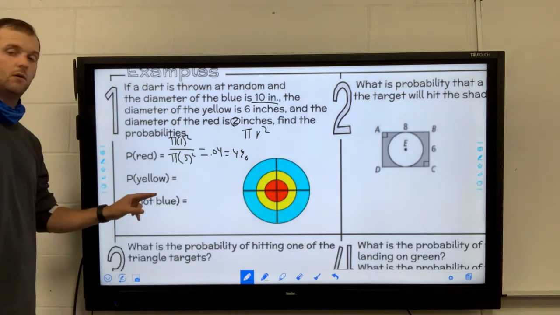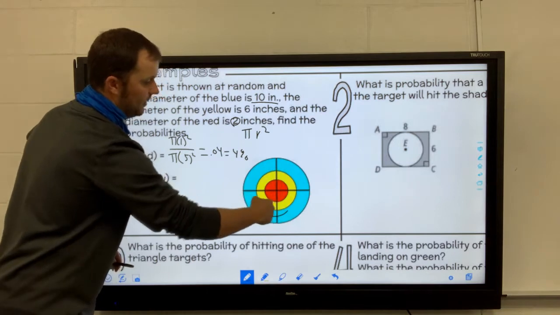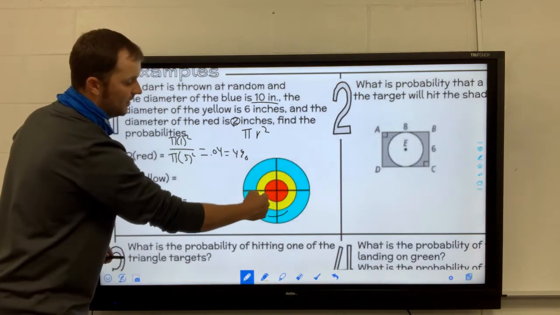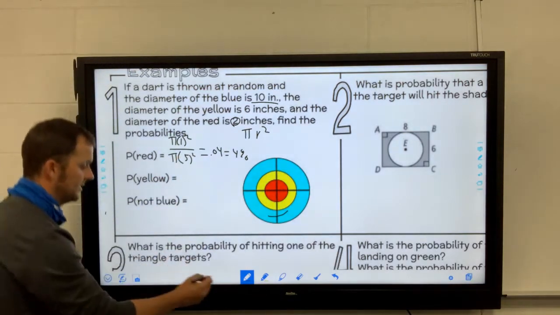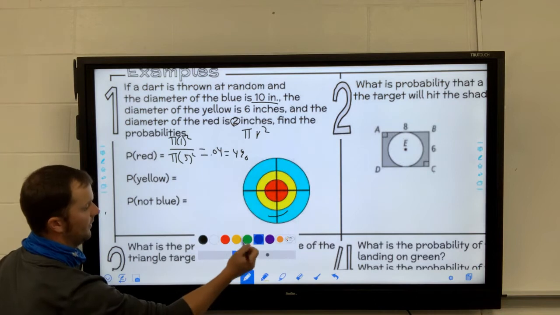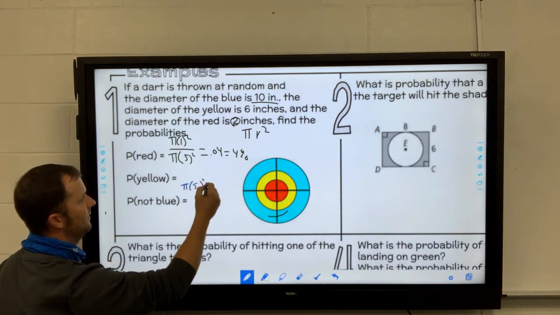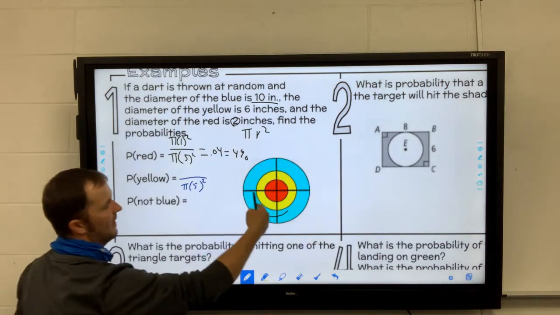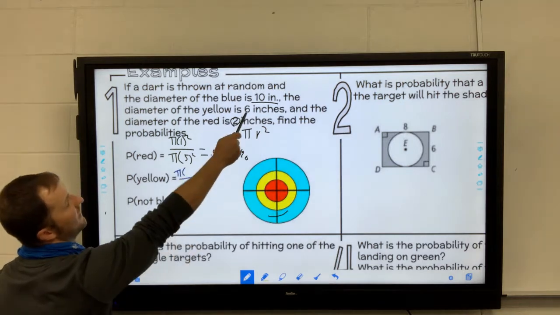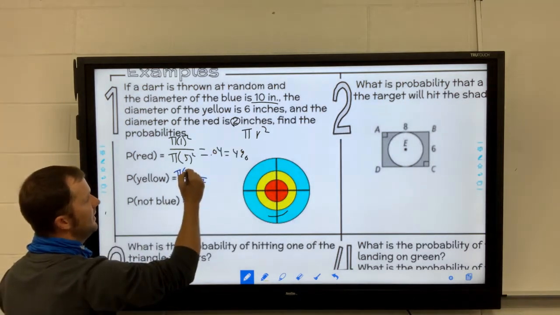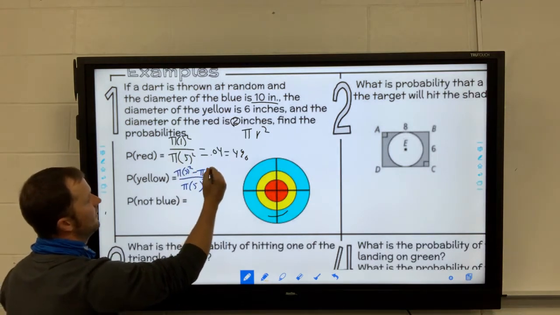Let's do the yellow. The yellow is inside right here, okay? So in order for me to find just the yellow, I have to take out the red from the yellow. Again, the total amount of space is going to be pi 5 squared. Now I have to take the area of the yellow, so I'm going to do pi, and the radius of my yellow is 3 squared, and I have to subtract out the area of the red.